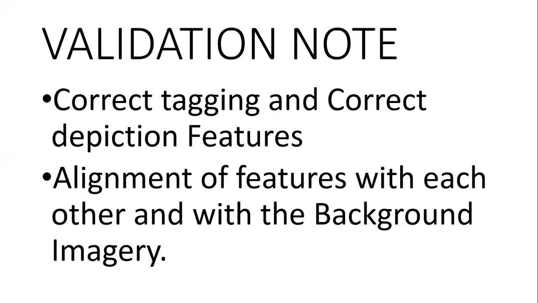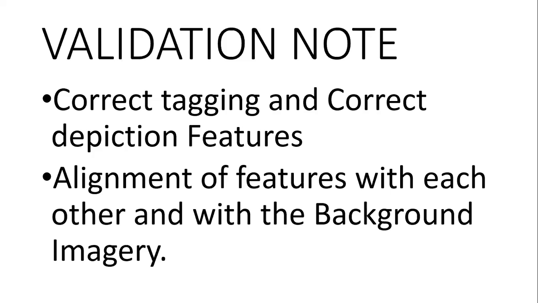Things we have to take into consideration when doing validation: we have to make sure there is correct tagging and correct depiction of features. If they say this is an unclassified road, it has to be an unclassified road. This is a river, it has to be a river. This is a national park, it has to be a national park.